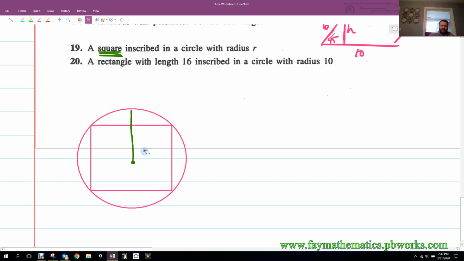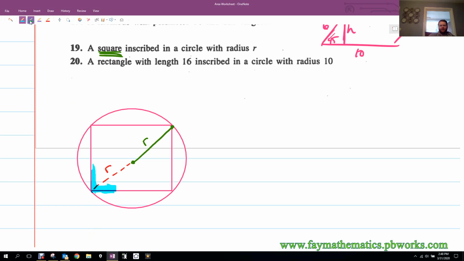So let's draw a radius here that makes sense for the square. So that distance right there is the radius of the circle, which is r, but it's also something for a square. Okay? My suggestion to you, the next thing I would do is think about what that distance has to be. That has to be r as well. Then my question is, because that's a diagonal now of a square, what does a diagonal of a square do to that angle?